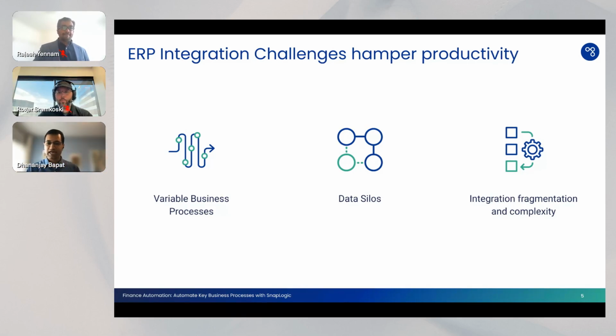The second key challenge is data silos. So as more and more companies move to the cloud, you might have smaller teams within the accounting and finance org which are using things like an accounts payable system, such as Bill.com or Tipalti, or maybe a sales compensation system, or maybe a tax calculation system.